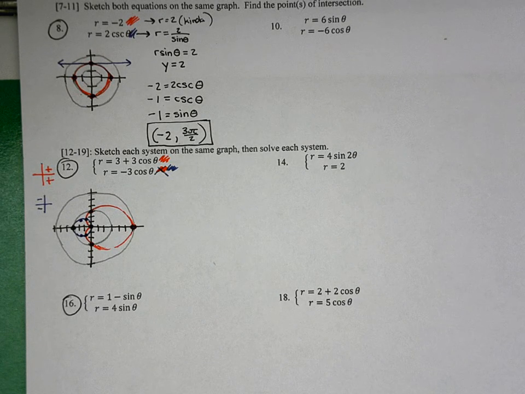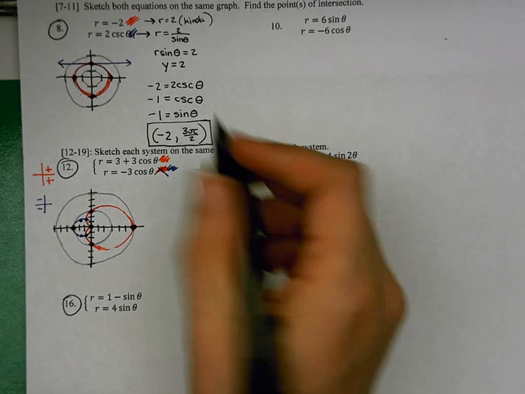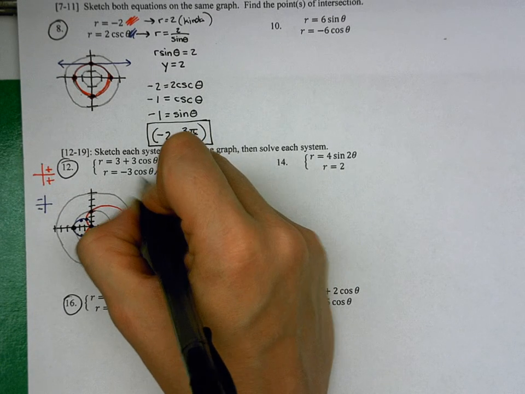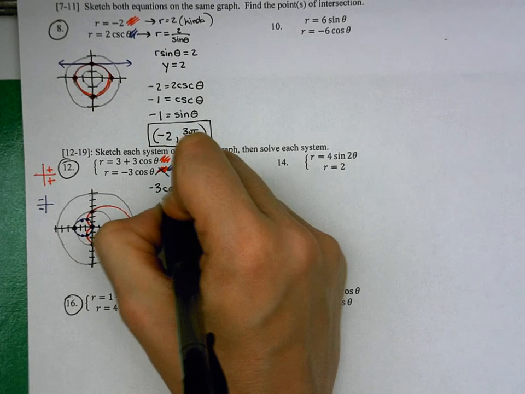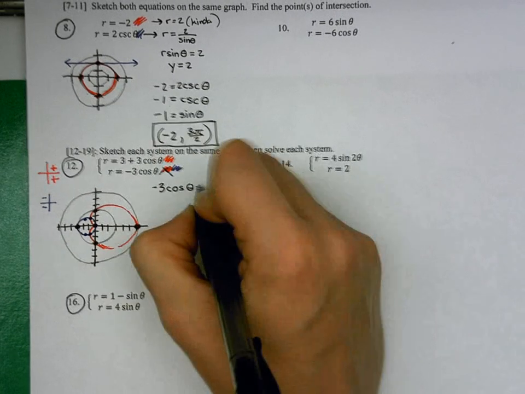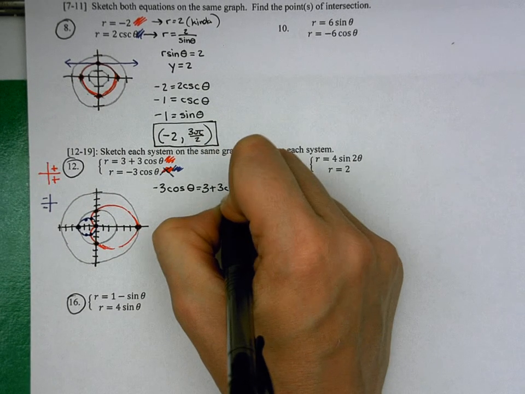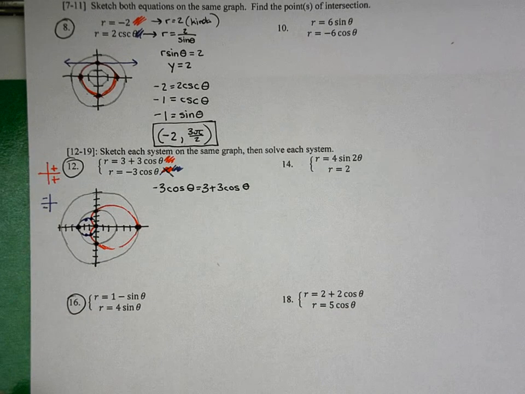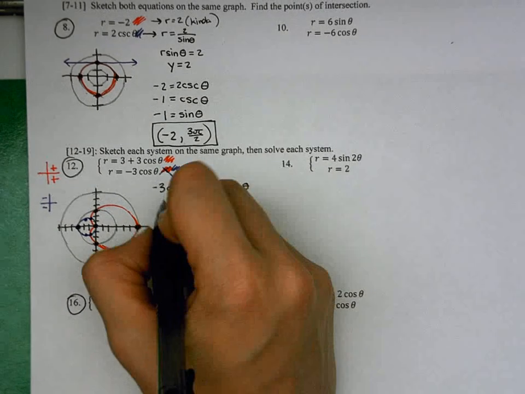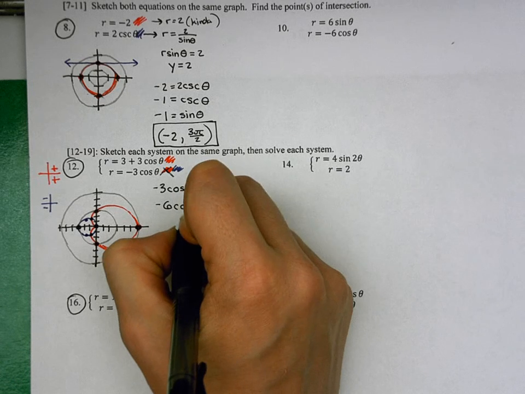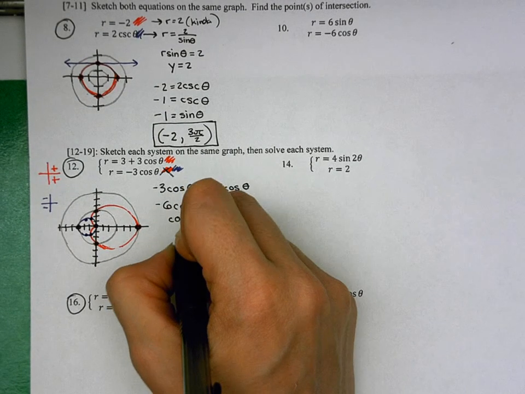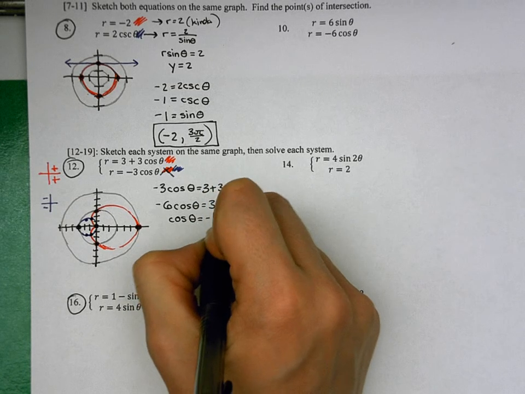Okay, so finding those points of intersection here, we're going to set our two functions equal to each other. So we have our -3 cosine theta, which is going to equal our 3 plus 3 cosine theta. Let's go ahead and isolate our trig. So I'm going to subtract this 3 cosine theta over here to get -6 cosine theta. Dividing by -6, we get cosine theta equals -1/2.